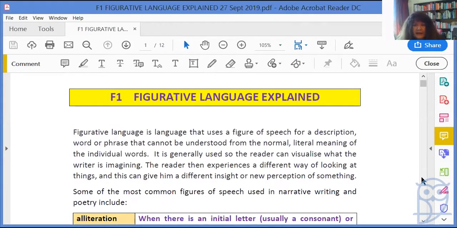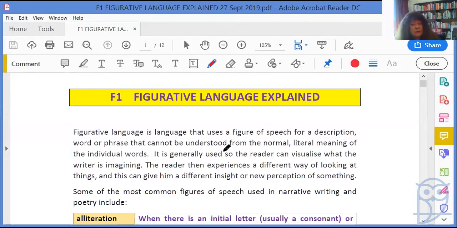Figurative language explained. What is figurative language? Figurative language is language that uses figures of speech for description, a word or phrase that cannot be understood from the normal literal meaning of the individual words. So what we write is not what we mean.